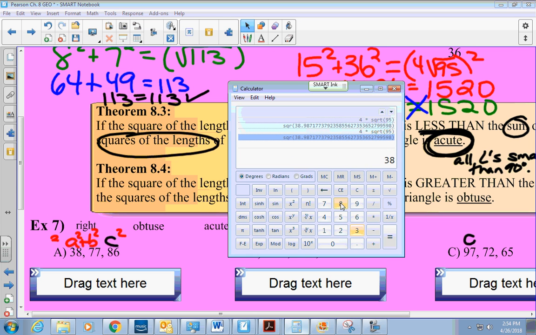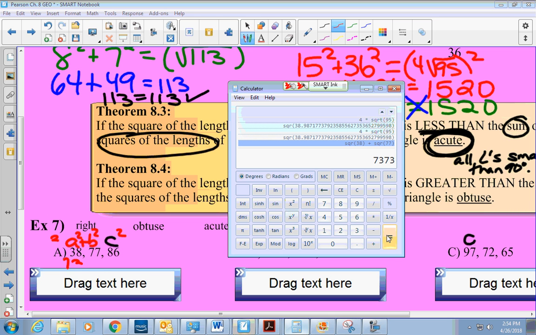So 38 squared plus 77 squared equals 7373. We're going to compare that with 86 squared. It might not be equal, and that's okay. 86 squared is 7396.